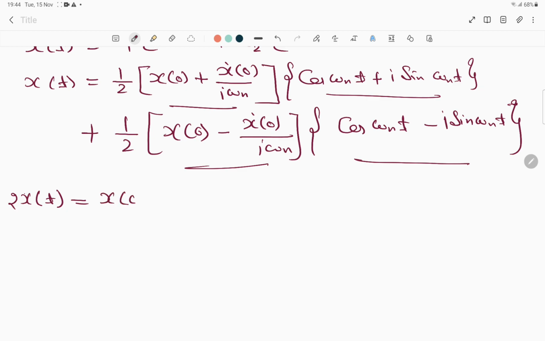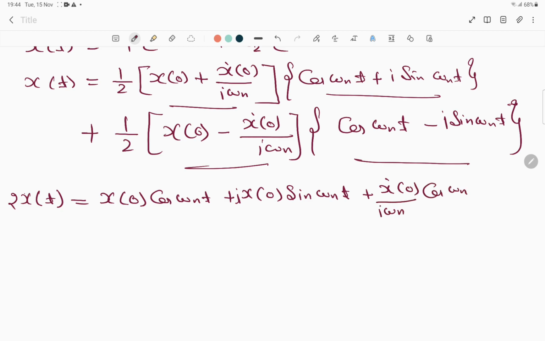So the first term will be x0 cos omega nt, the second term will be x0 into i into sin omega nt, the third term will be x dot 0 i omega n into cos omega nt, and for the last term, this i and i will get cancelled, so I will have x dot 0 divided by omega n, and then I have sin omega nt.